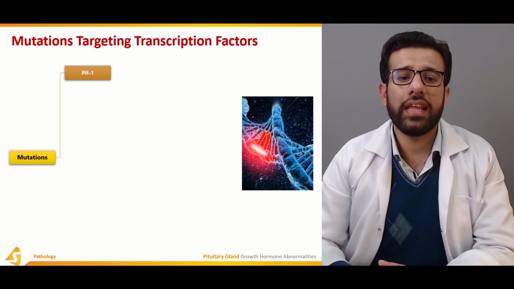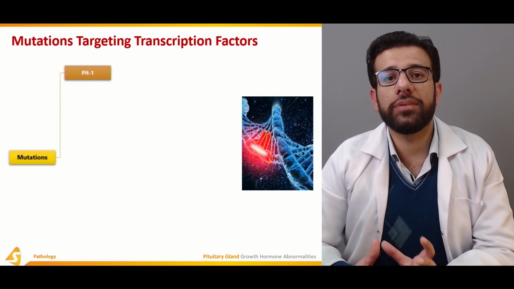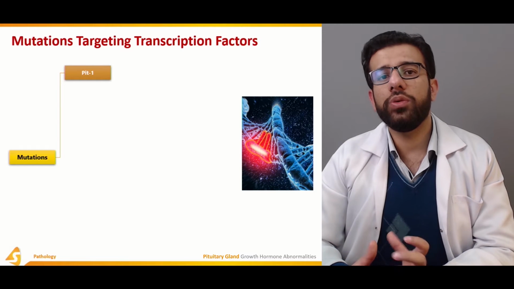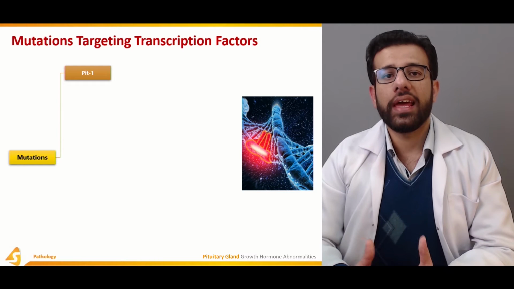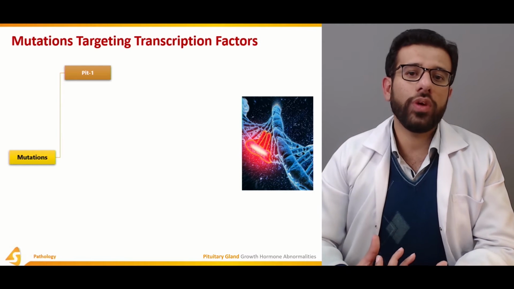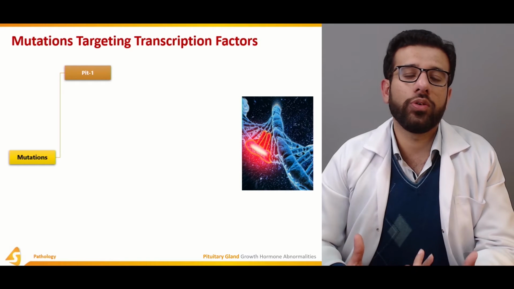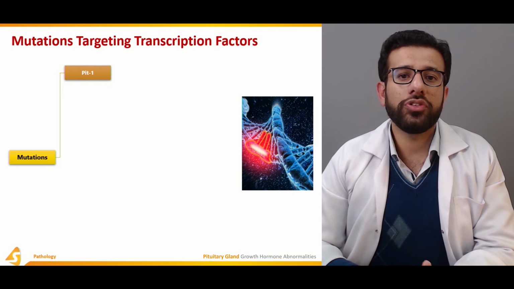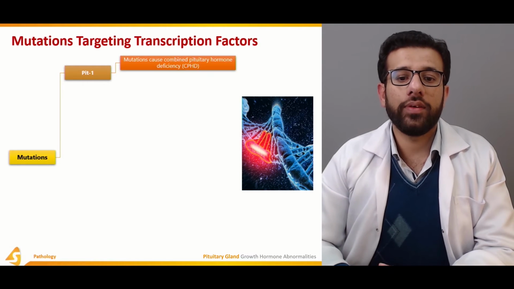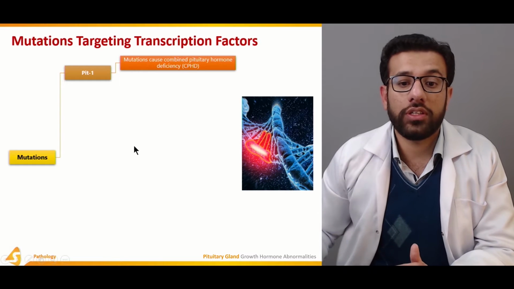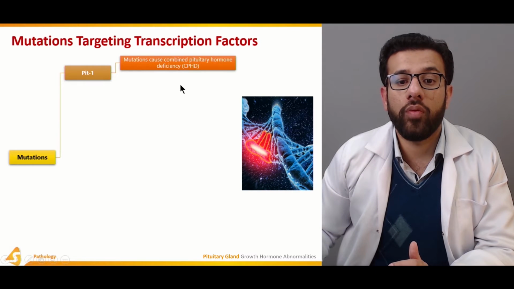Then there are certain mutations targeting the transcription factors, which lead to abnormal transcription, resulting in mutations which present with the growth hormone deficiency. These mutations can be in PIT1, which causes combined pituitary hormone deficiency.